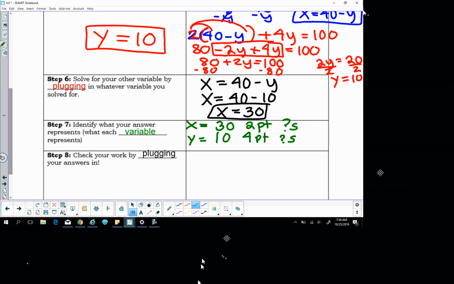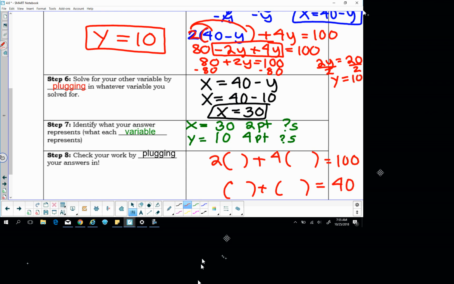Last thing is we plug it in. So you can write the equations out, the original ones, which were 2x, and instead of x, I'm going to put the answer that I just got, plus 4y equals 100. And x plus y equals 40.